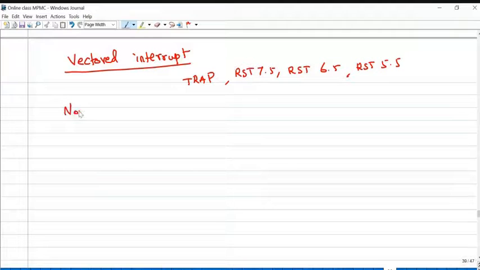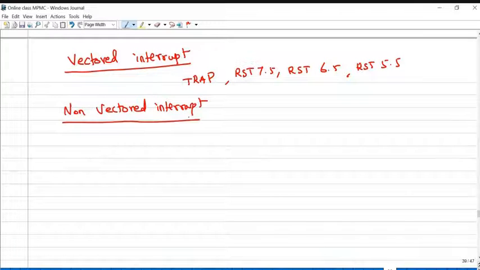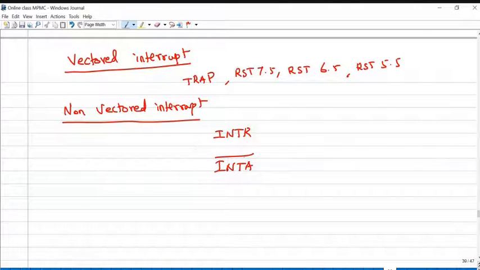So non-vectored interrupt: INTR. Whenever the INTR interrupt is sent by the external hardware, the processor sends the acknowledgement signal INTA bar to the external hardware, and then the external hardware sends the interrupt service routine address location, either by using the RSTN instruction or directly placing the 16-bit address.